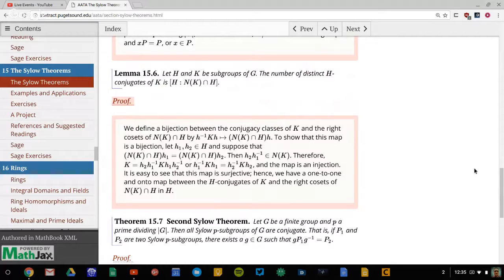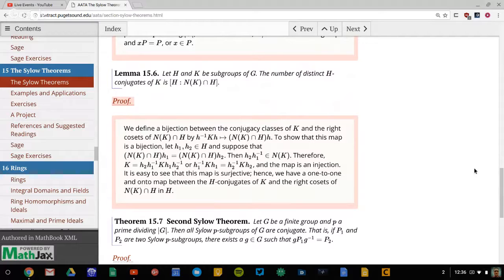To prove it's injective, we suppose that there are two elements, h1 and h2, that give you the same right coset. Now, the only way they can give you the same right coset is if you can multiply both sides of this on the right by h1 inverse.